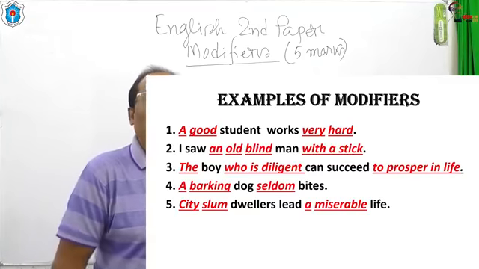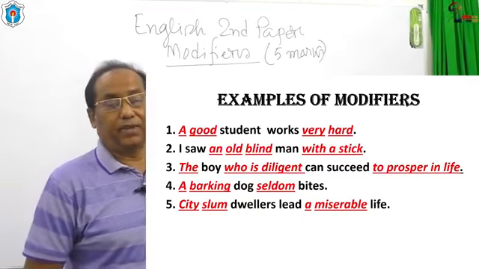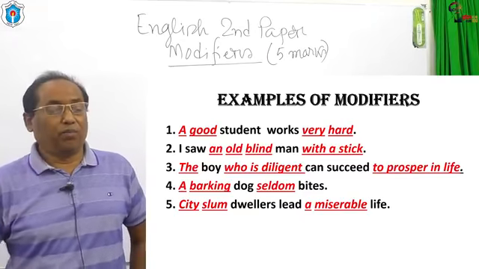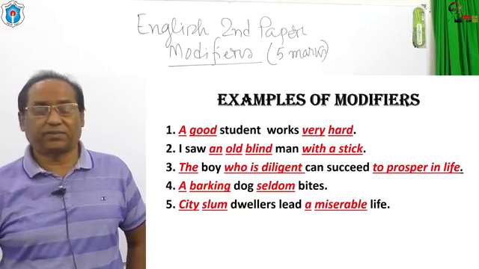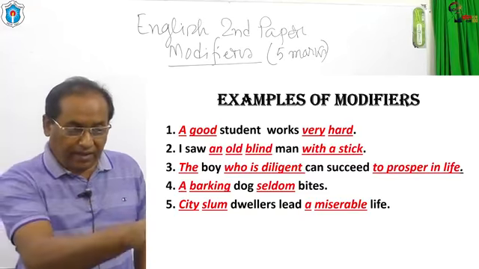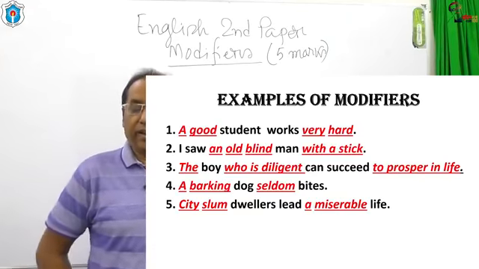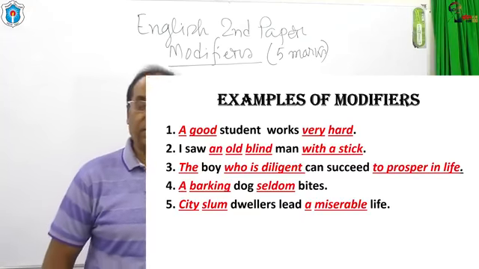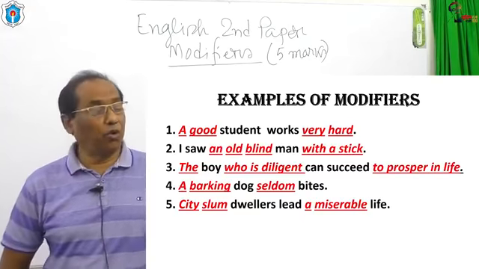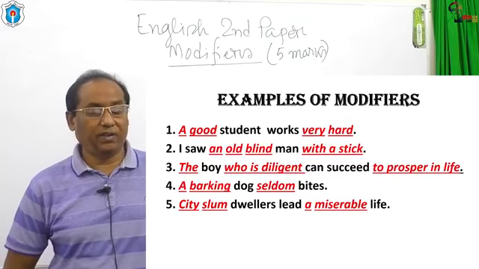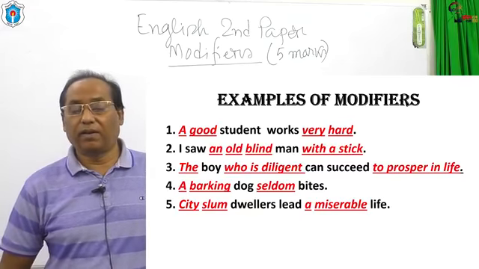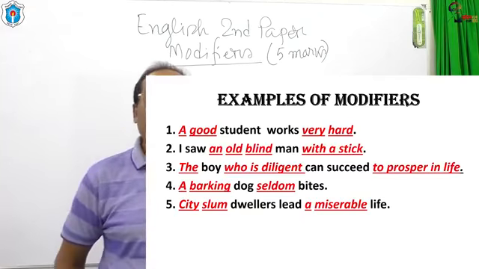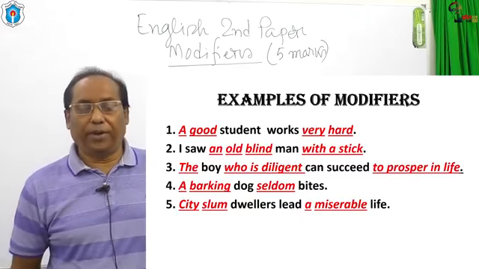The first noun is called noun adjective. Here, city is a noun adjective modifying dwellers. Another noun, slum. Slum is another noun. This noun also modifies dwellers. Alright? Both the nouns modify dwellers. Both of them are modifiers.